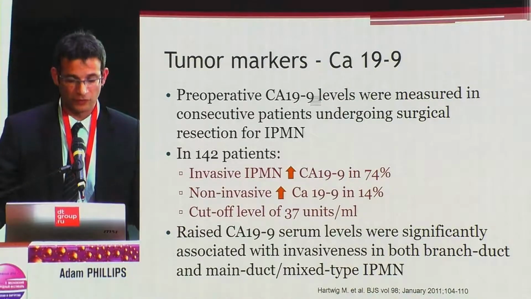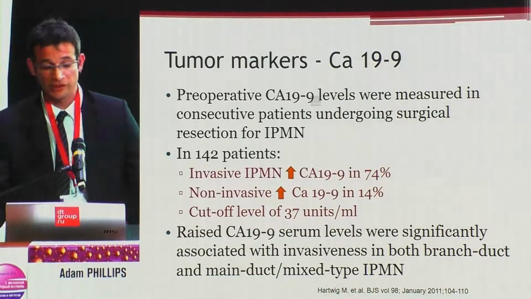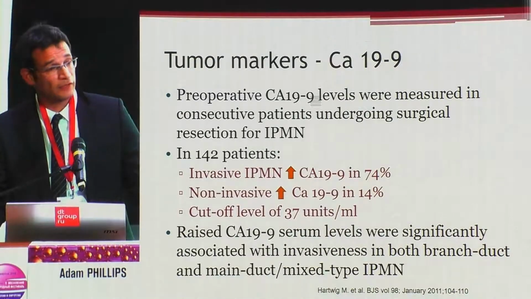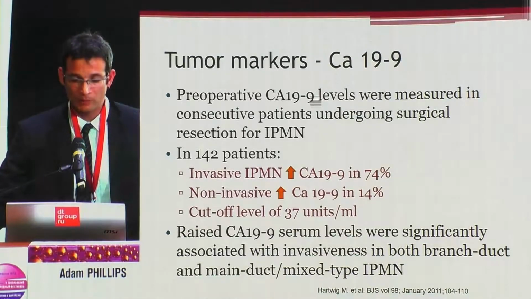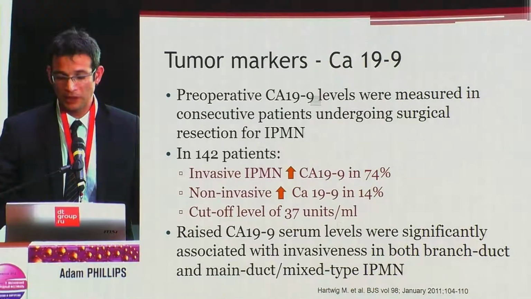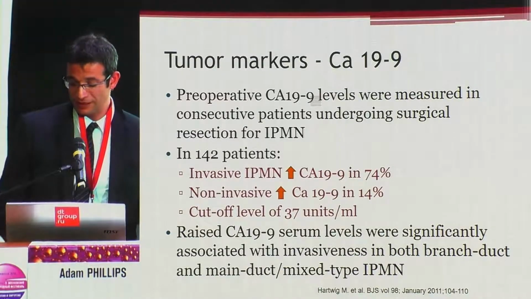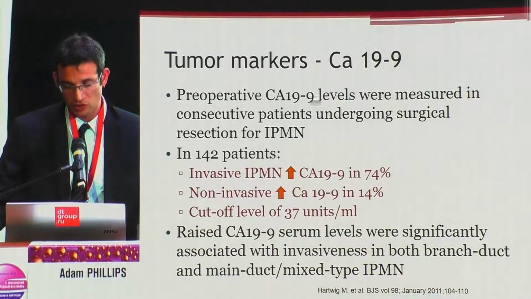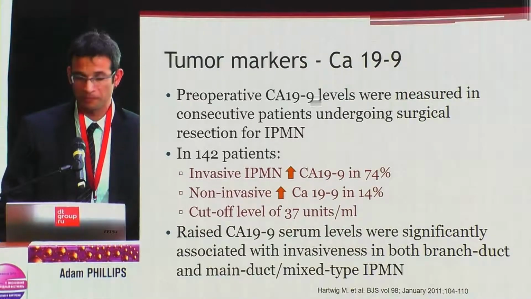The cutoff of this tumor marker is 37 units per ml. So if a patient has an elevated serum CA 19.9, this patient may have a significant risk for malignancy. As in the European consensus, they wrote that this is a risk factor and we should think about surgery.